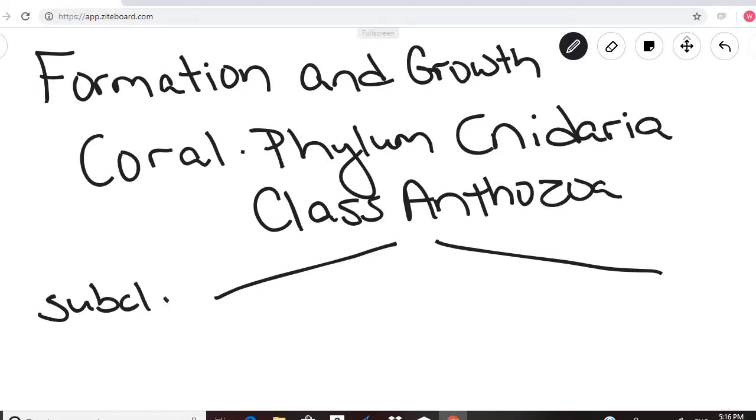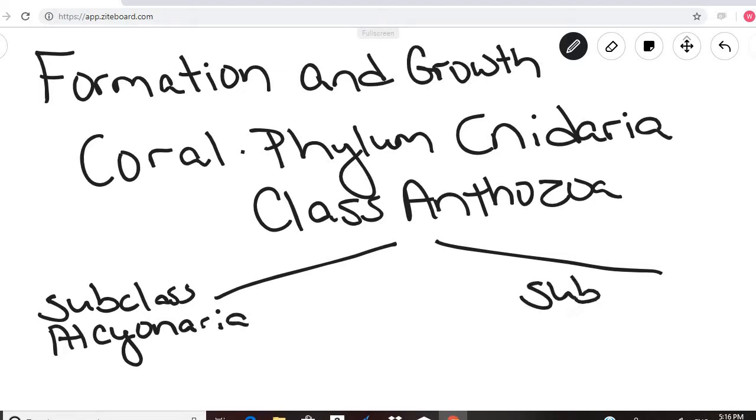The first is called subclass Alcyonaria, and then the second one is subclass Zoantharia.